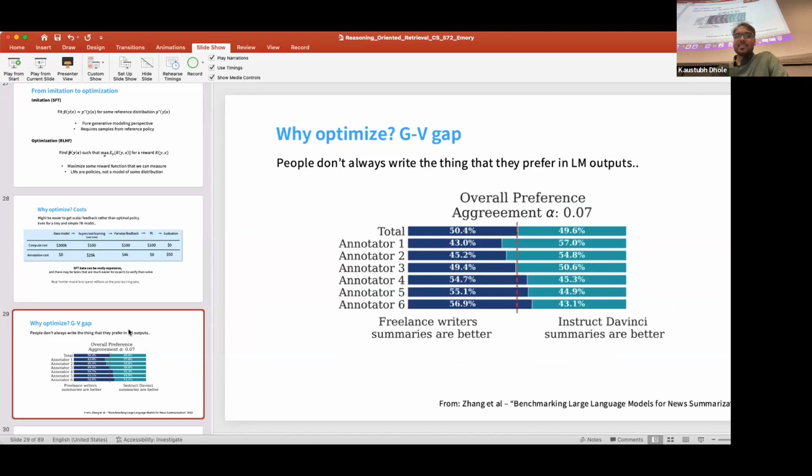Apart from that, this is also related to your questions: there was a study in which expert writers were told to write some summaries, and their writings were compared to model generated writes from scratch, and the expert writers themselves preferred the model generated writes. So there is this gap, and it's hard to get the ideal response.